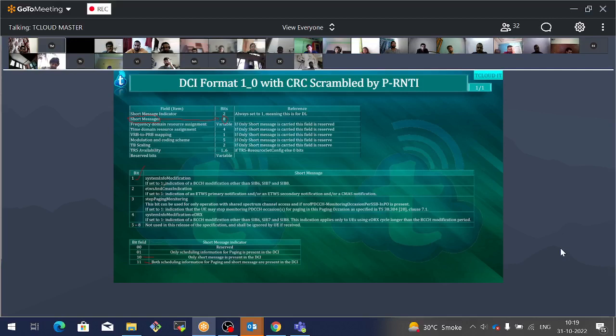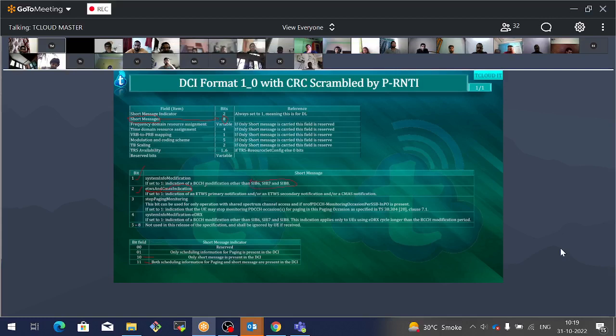Similarly, if bit 2 is set, it is telling the mobile equipment that, hey, ETWS or CMAS related system information got modified. These ETWS and CMAS will be present in SIB 6, 7 and 8.